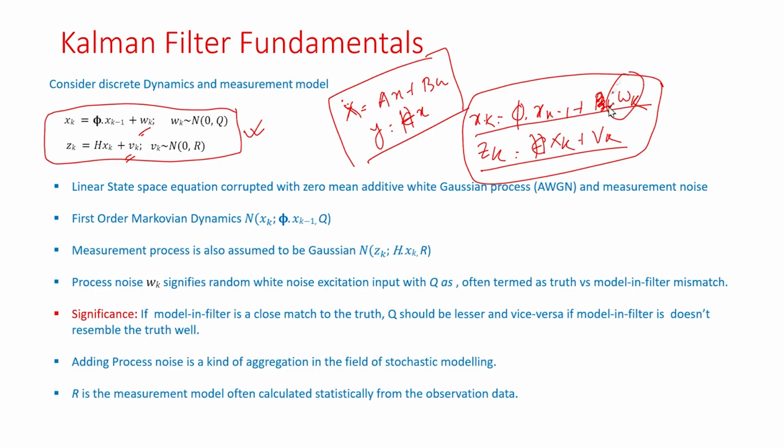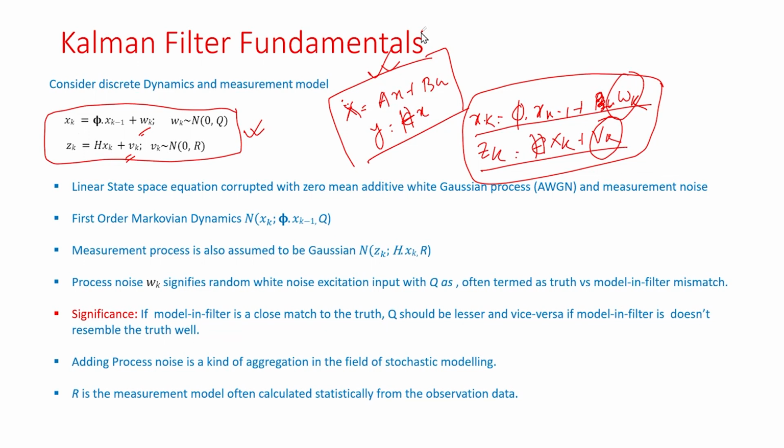Now, what are w_k and v_k? w_k and v_k are zero mean white Gaussian noise which are added into the state. So far my state was deterministic, if you see the continuous equivalent. When I went to the discrete equivalent, I assumed that my process is probabilistic. That means there is something I do not know. So, how would I like to model the uncertainty?